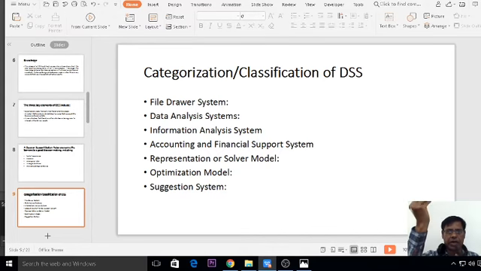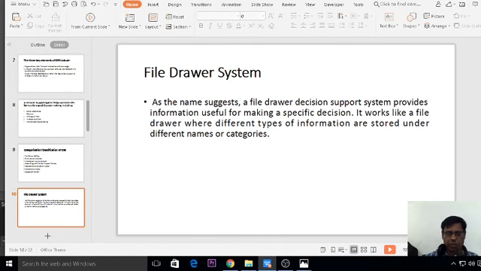We are highlighting one model which is related to the exact information, that is, we are optimizing the model which is relatively helpful for the situation. Suggestion system: we can suggest this model as a simplifier for our organization for the particular position. We are suggesting this model for a particular problem.